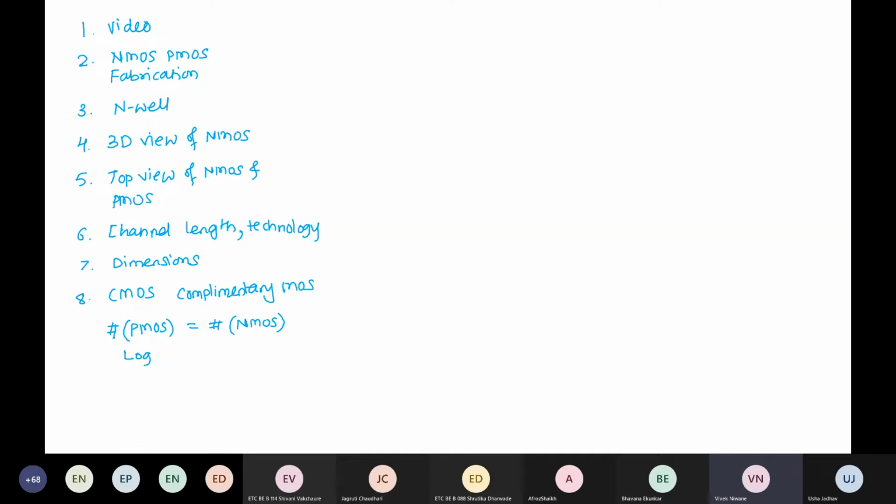Okay, जो logic है आपका उसके अंदर number of PMOS and NMOS must be same.